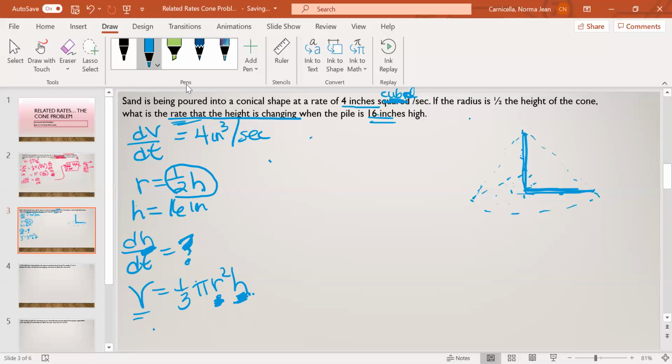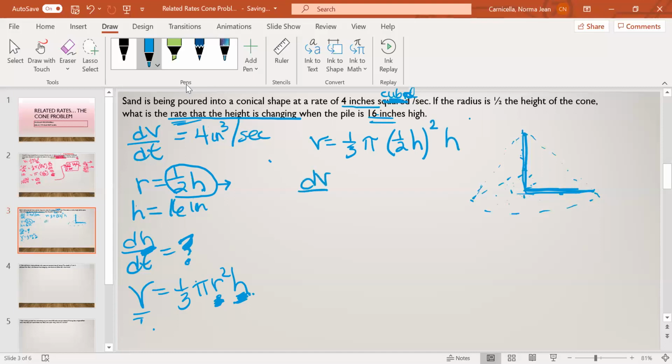Let's go ahead and just substitute it because they gave us the radius here. So I'll have now volume is equal to 1/3 pi times half h, because that's the radius, squared times height.